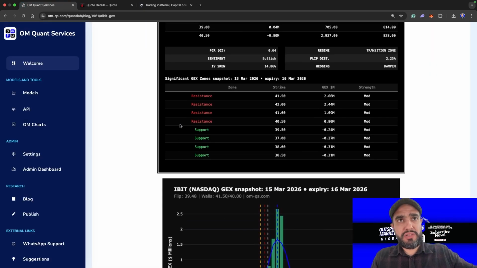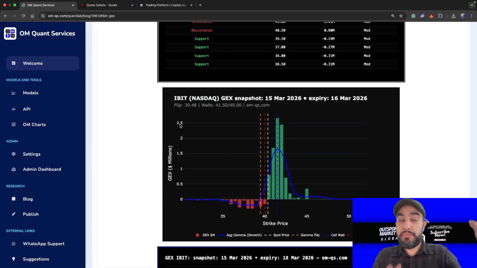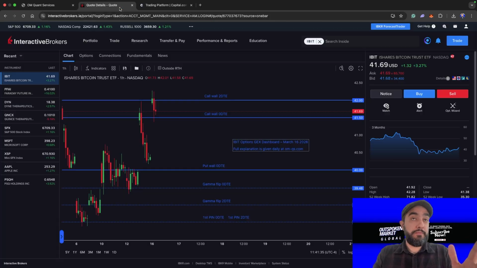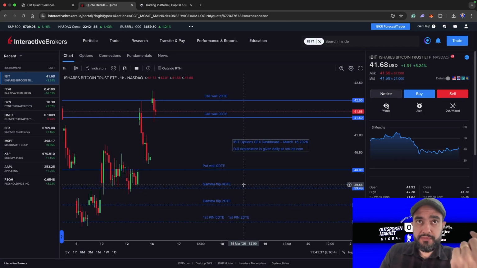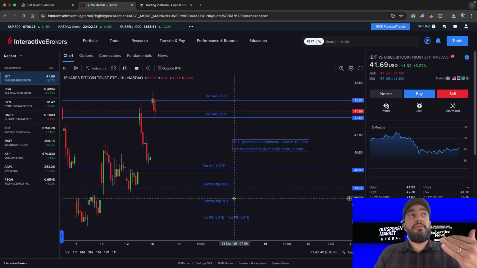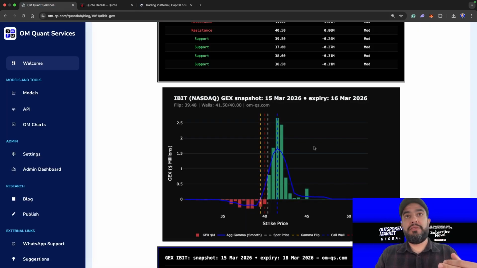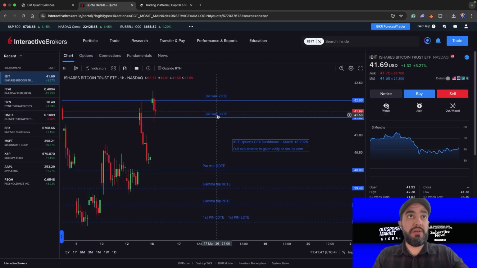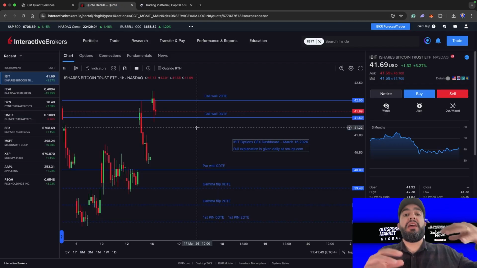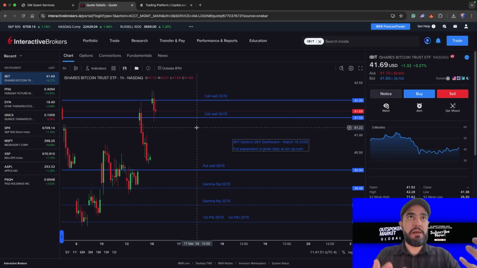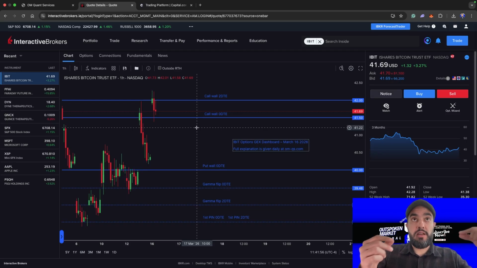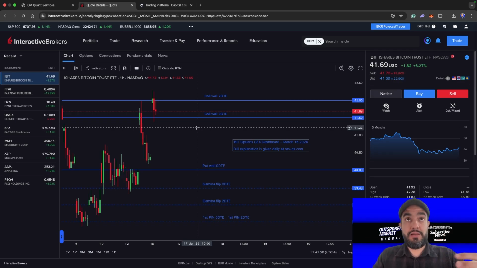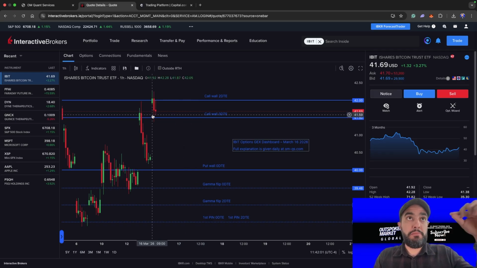If we get back to the IBIT, here we already have the spot above the gamma flip, meaning that we are in the dominance of the green bars of the positive gamma exposure. And here we have not an acceleration, but a mean reversion process. And this mean reversion occurs mainly at the walls. So the market opened over here.